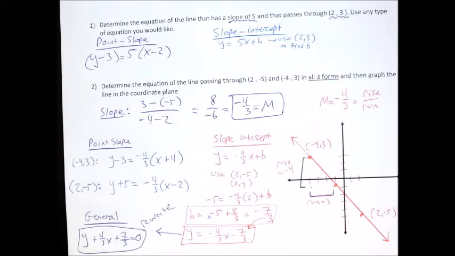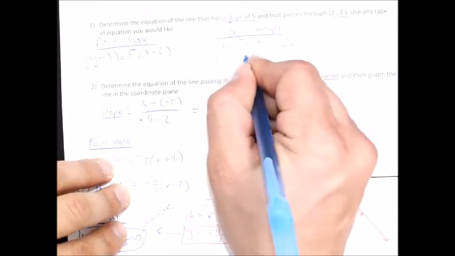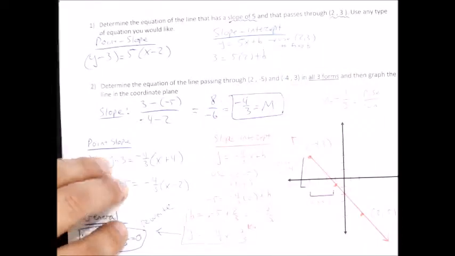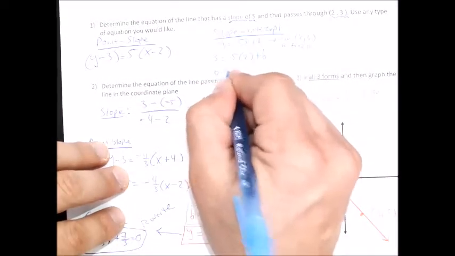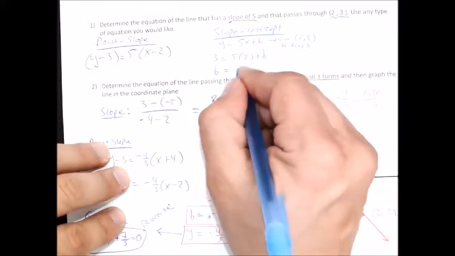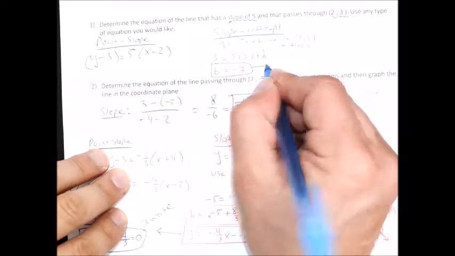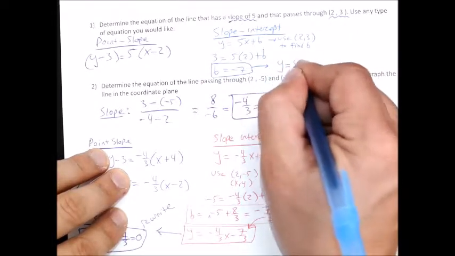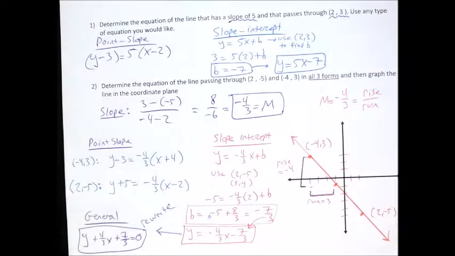And so you plug in the point (2, 3). So 3 equals 5 times 2 plus b. And then we can figure out that b equals 3 minus 10, which is negative 7. And so that means that y equals 5x minus 7 is the slope-intercept form.